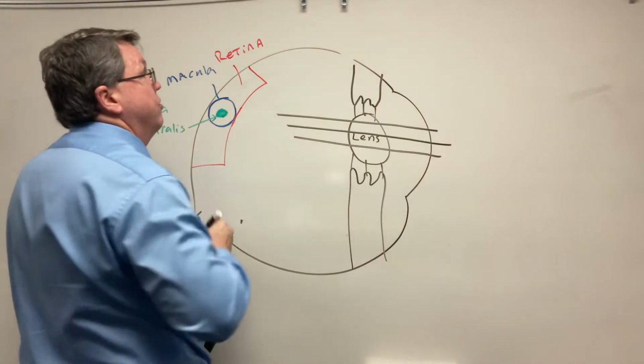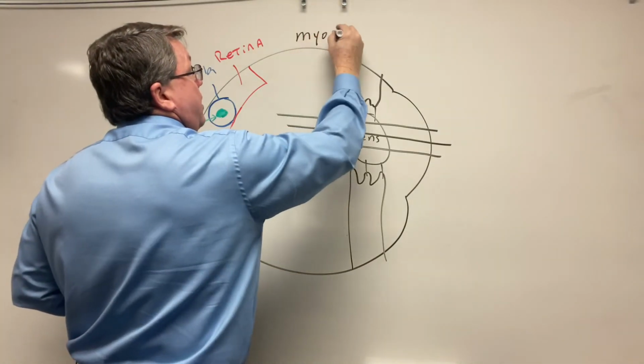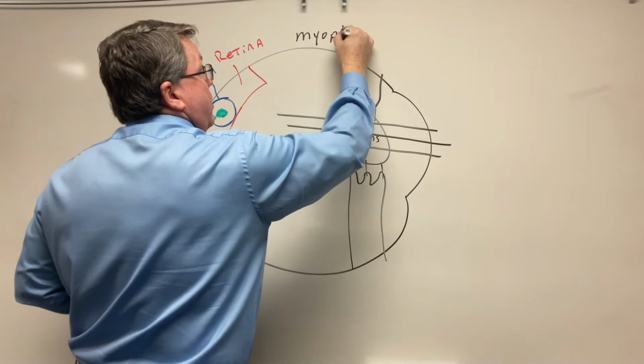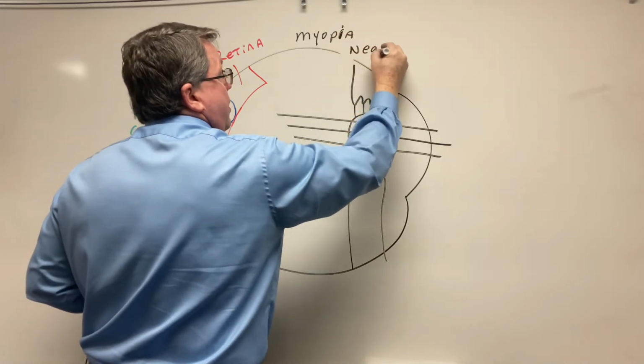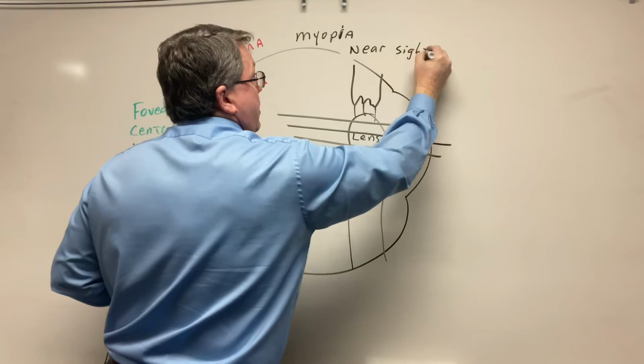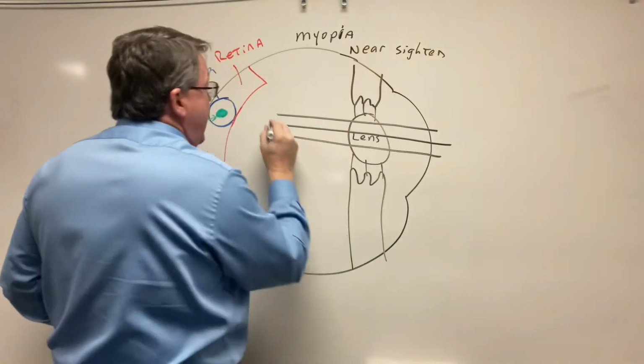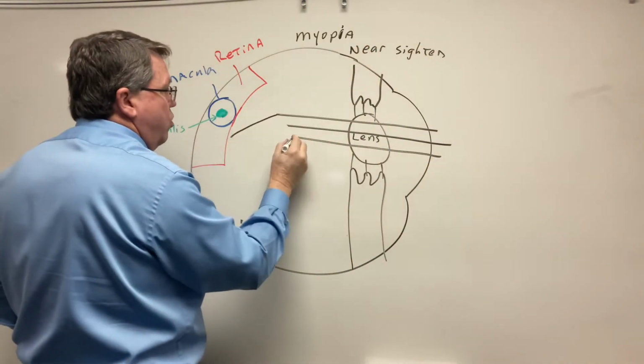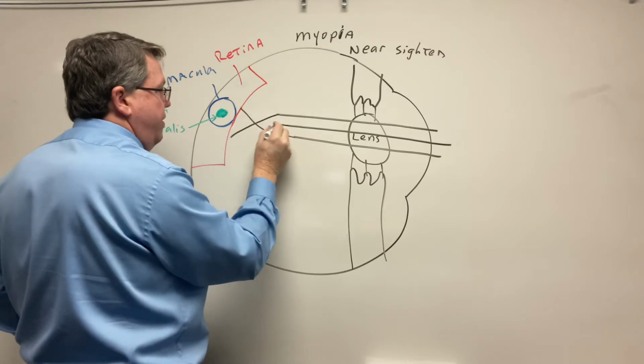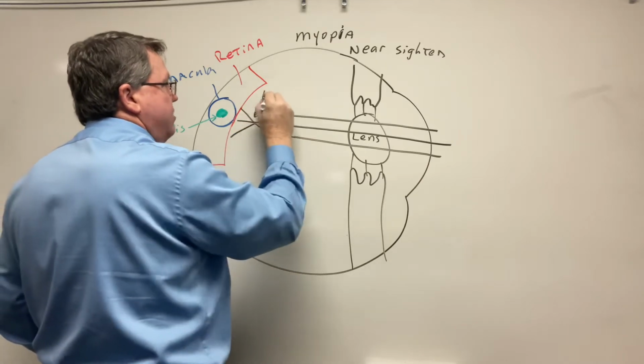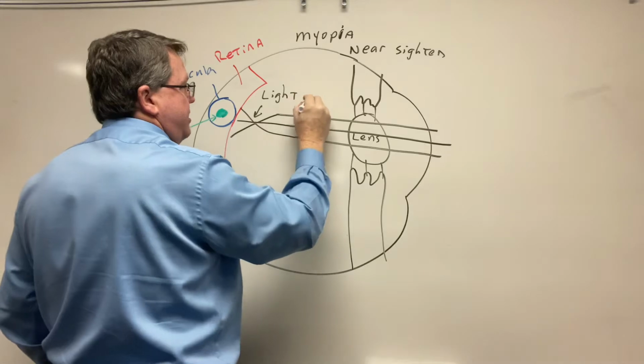So in nearsightedness, it's called myopia. And in this case, these light rays are going to cross in front of the Fovea Centralis. So light rays cross before the Fovea Centralis.